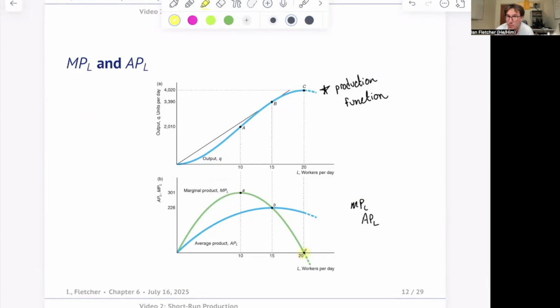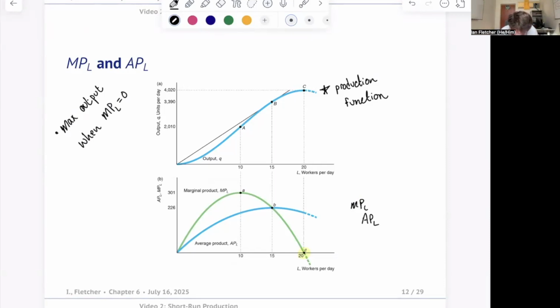And this is important because when the marginal product of labor is equal to 0, notice in our production function, this is when our production peaks, right? So this is when we are maximizing our production. So we're maximizing output when MPL equals 0. What about when they cross?